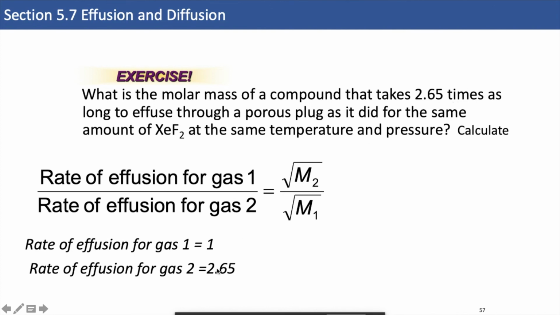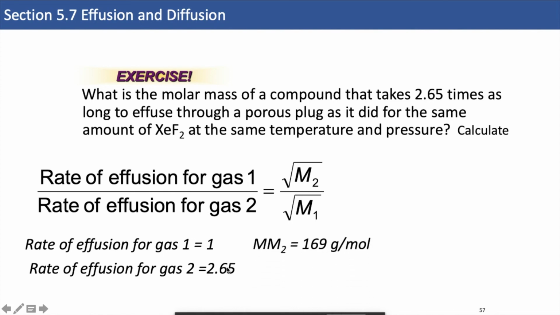Now you might think in your head, okay, but did it have to be 2.65? Technically, I could have picked any number here and then just said the rate of effusion for gas 2 was 2.65 times that number. But again, to make things easy, why not just make this equal to 1, and then I can just make this 2.65.